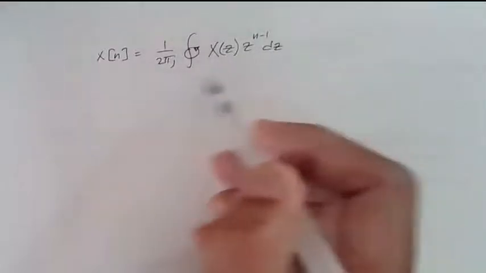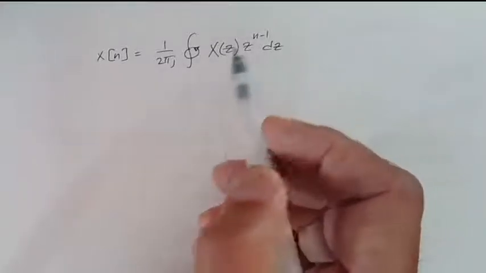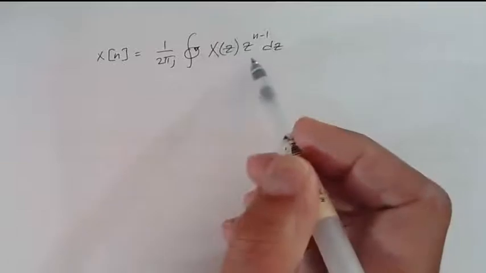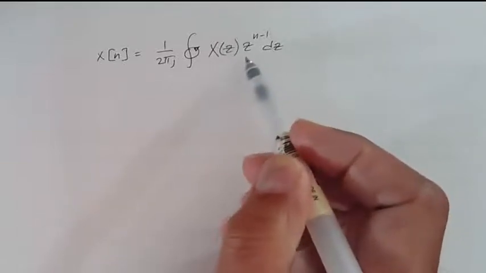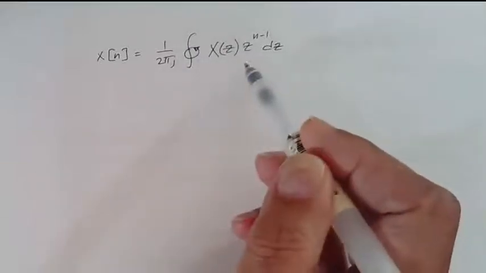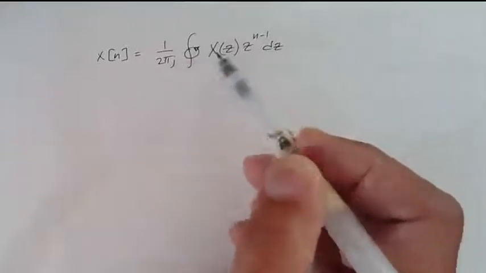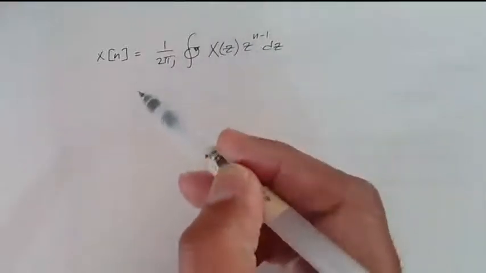Initially this looks kind of messy, but it really isn't, because all you have to do is find the residues of the poles that lie inside of the contour. The contour, by the way, has to go through the region of convergence.